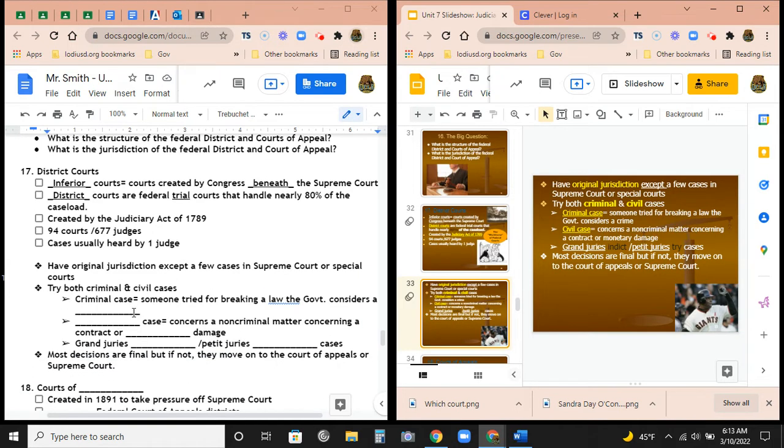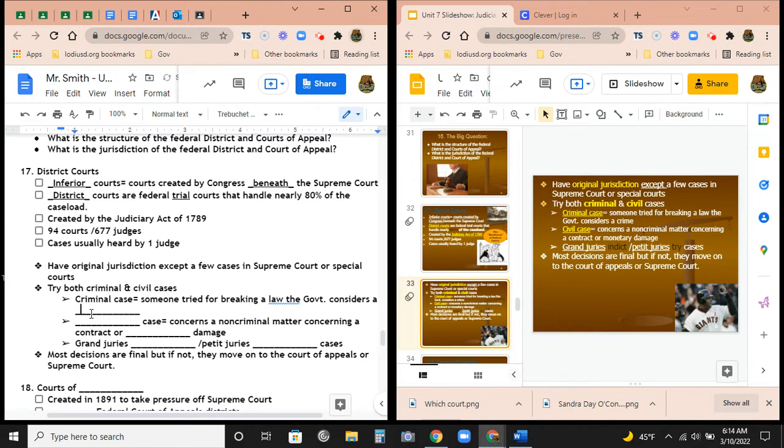They have original jurisdiction except a few cases in Supreme Court or if it goes to the special courts. They try both criminal and civil cases. When you're talking criminal cases, you're tried for breaking a law the government considers a crime. All other cases have to do with money typically or some kind of right involved, and those are civil cases.